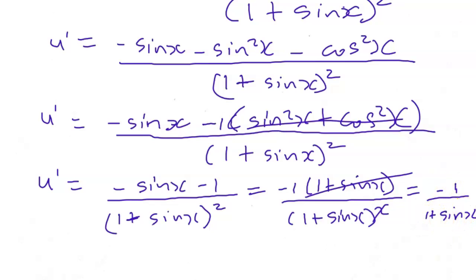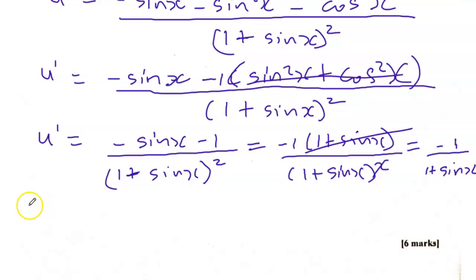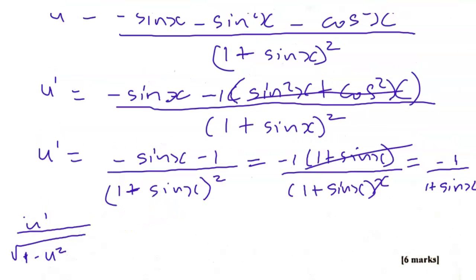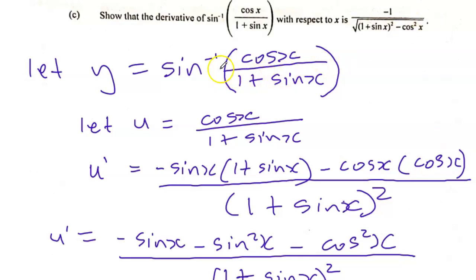Now, in terms of the rule for differentiation, remember the rule for differentiating an inverse trig function. The rule here is u prime over root 1 minus u squared. So remind yourself what y was. y was sine inverse u. So dy by dx would be u prime.